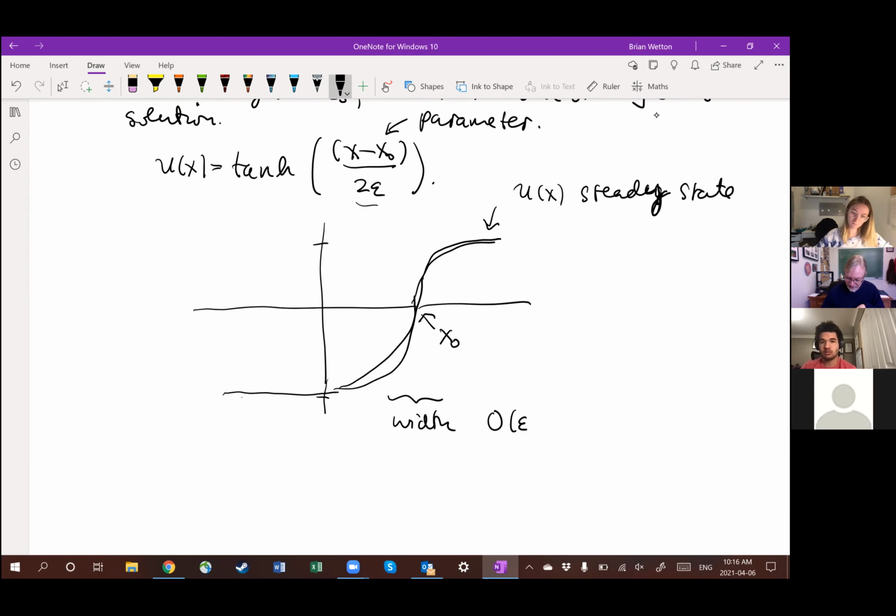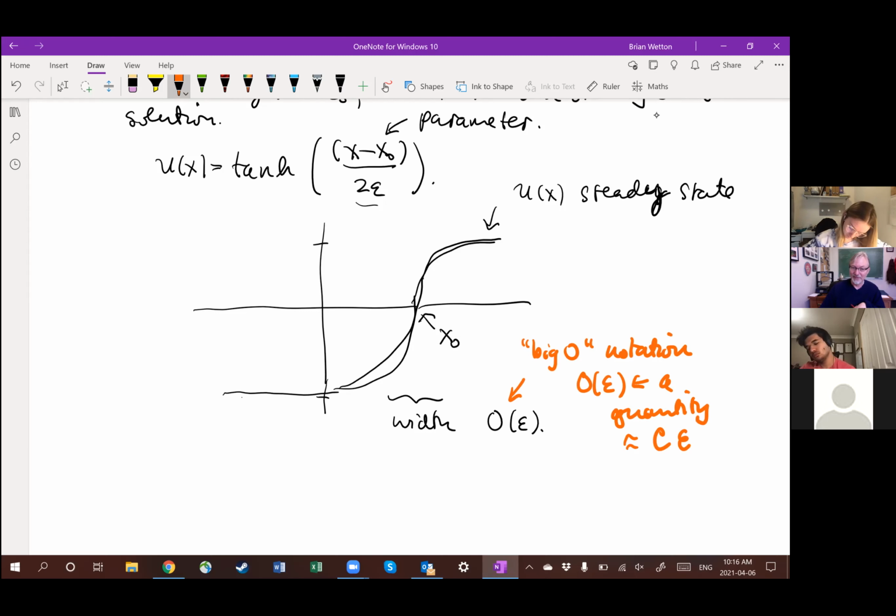And then I'll just say that the width of this thing is O of epsilon. Now I'm wondering if you guys have seen this notation yet. This is big O notation. An O of epsilon term is just a quantity that is approximately equal to some constant times epsilon. And if you've got an O of epsilon squared, that means it's a quantity that's like a constant times epsilon squared.